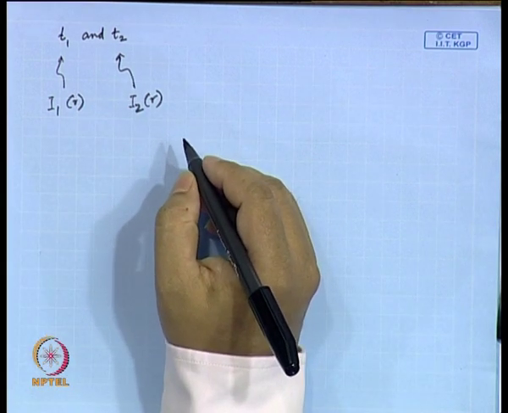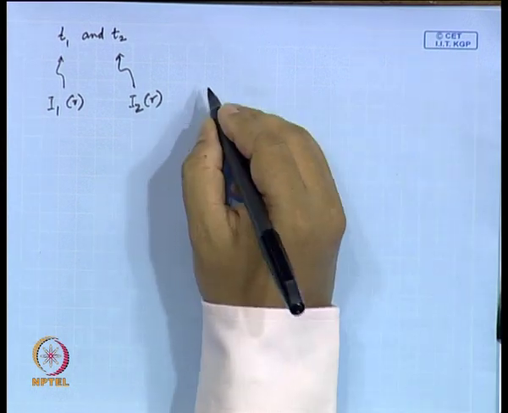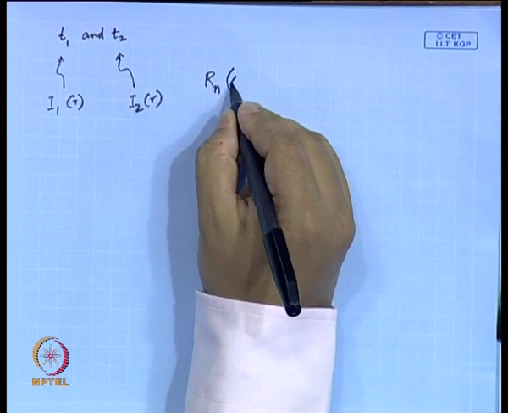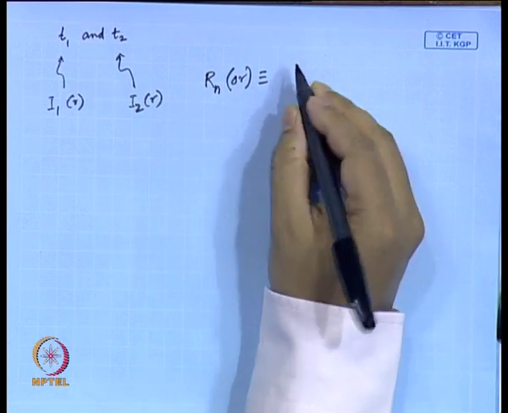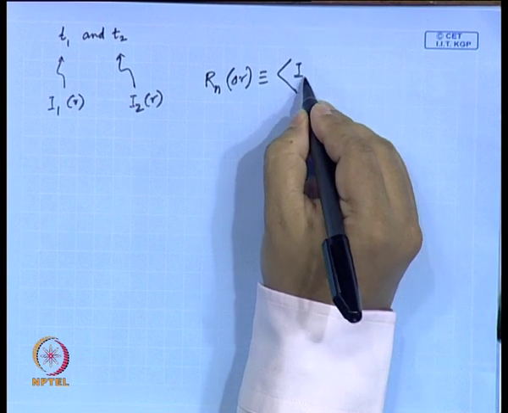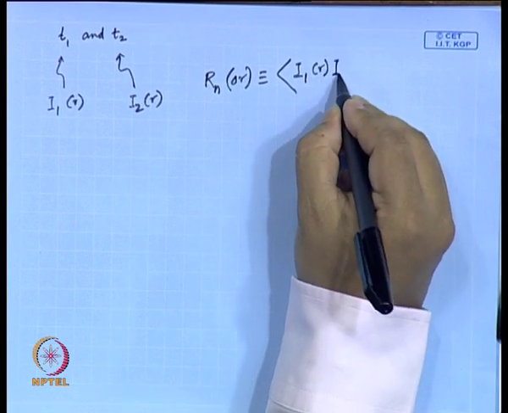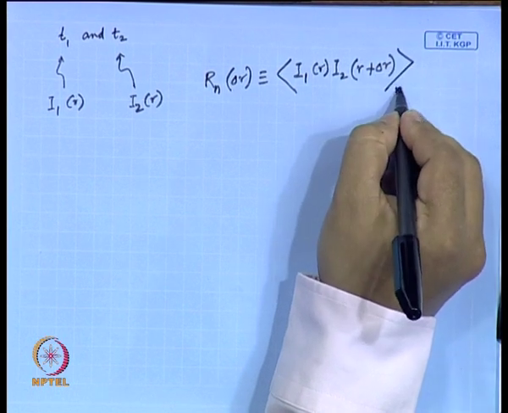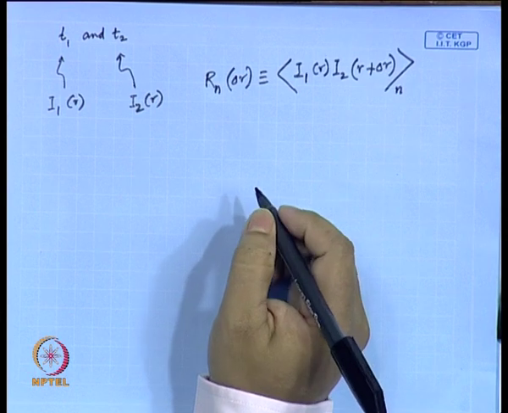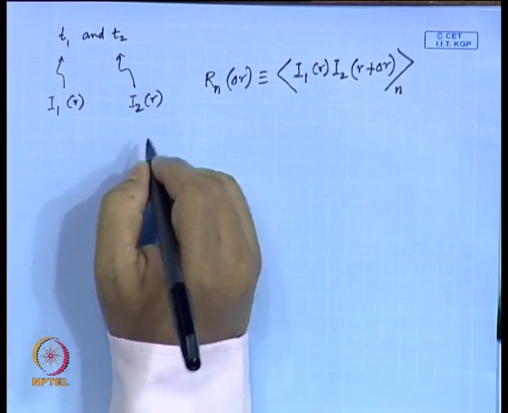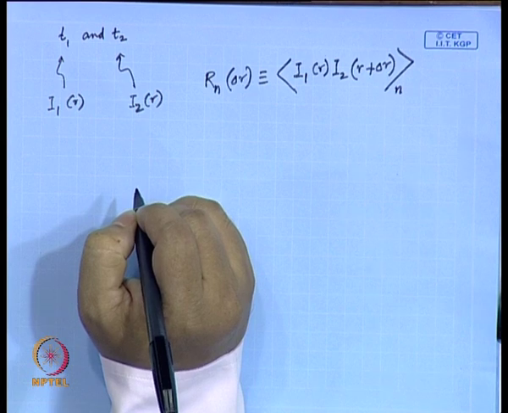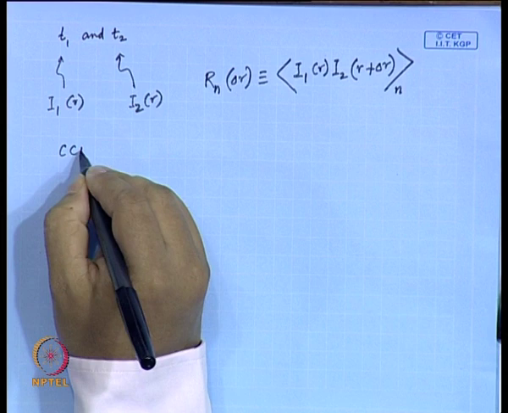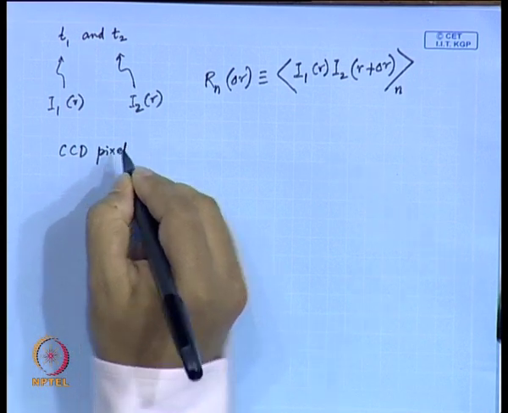What you do next is you write a cross correlation function, defined as R_n(delta r), which is equal to the average of I1(r) I2(r plus delta r), averaged over n. What is n? You can divide the CCD pixel array.